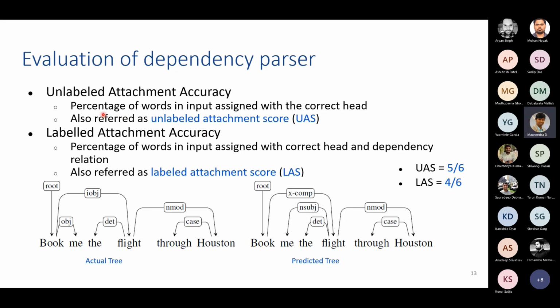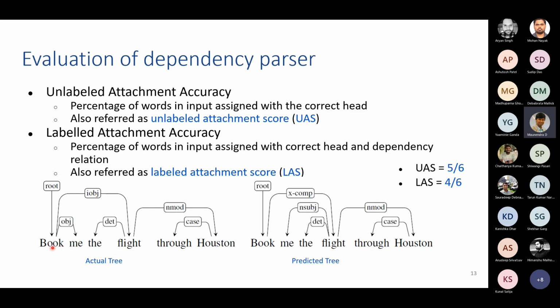Here we count the percentage of words in the input that are assigned the correct head. We said that for each edge we have a head and a dependent. So we consider each word as a dependent and see which head word it is attached to.